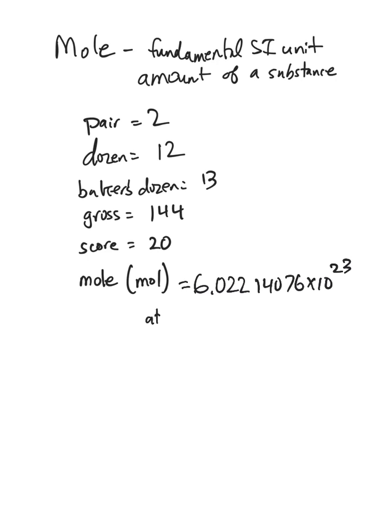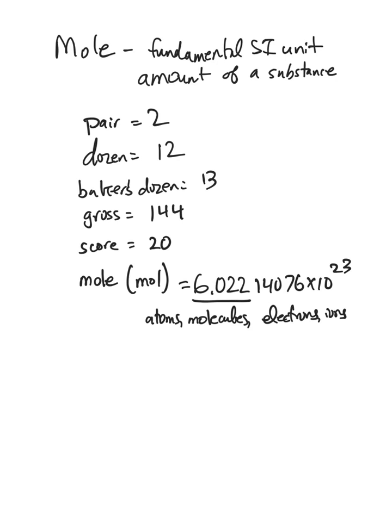It could be atoms, or molecules, or electrons, or ions, or protons, or neutrons, or pennies, or pencils, or whatever. A mole is 6.022140076 times 10 to the 23rd of those objects. Most of the time, we only need to carry this out to 4 sig figs. But if you need more of that, that's what it's going to be.